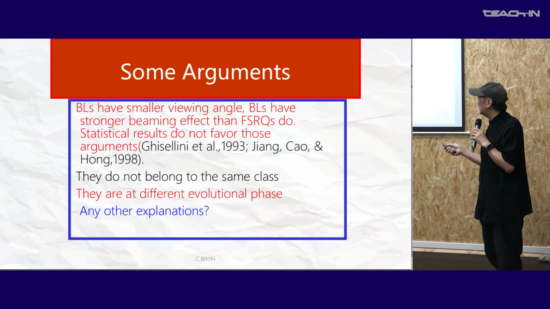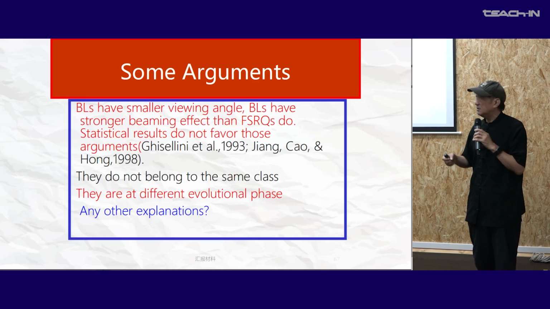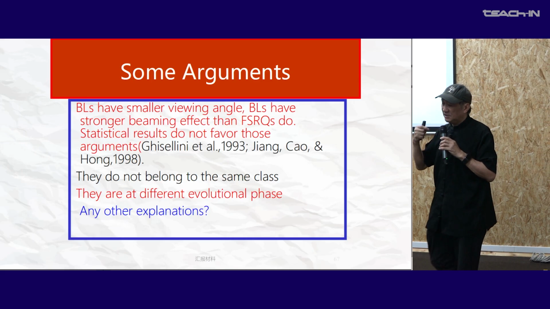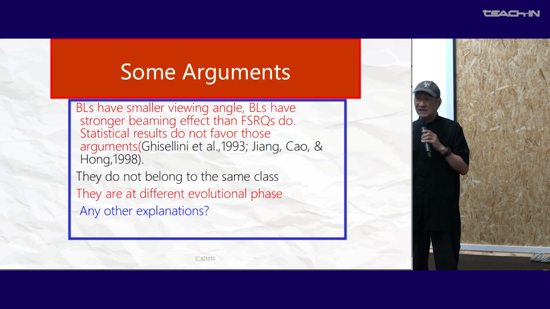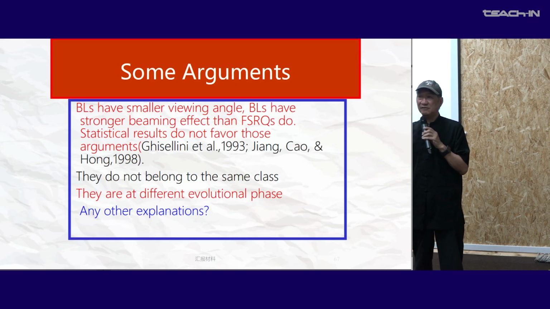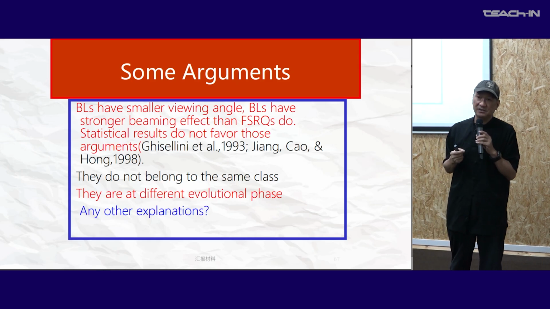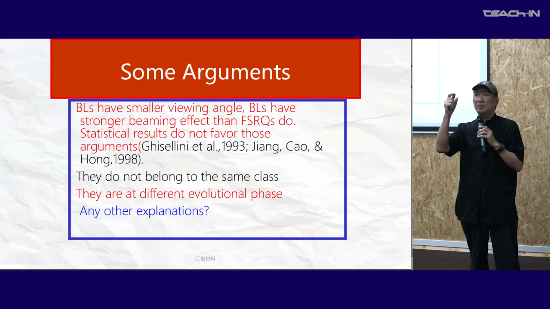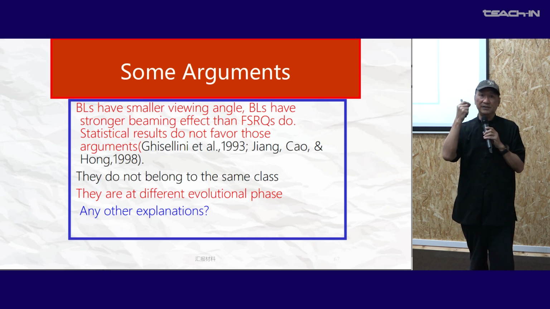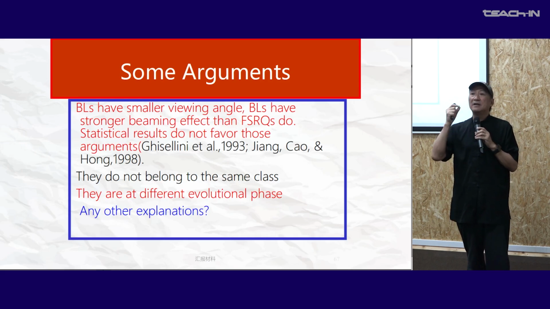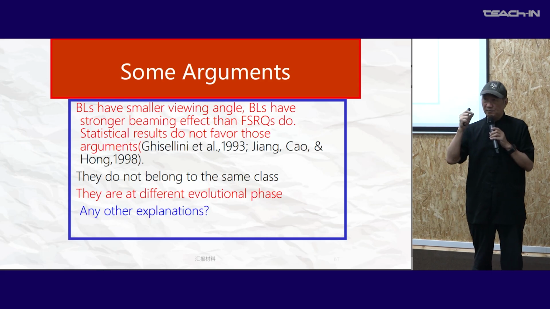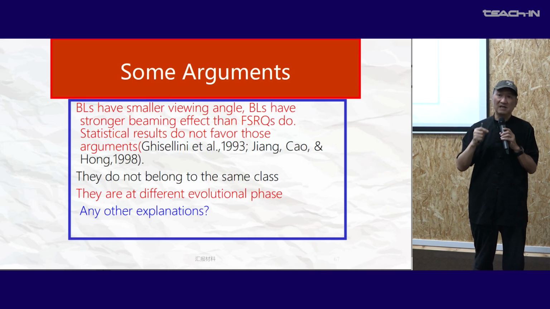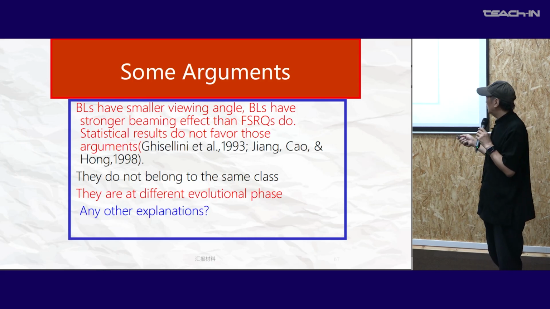But the statistical results don't favor this, because from the sample with estimated Doppler factors, we found that the FSRQ Doppler factor is larger than that of blazar objects. So this argument is not correct. Also, from the superluminal motion and the Doppler factor, we found that the viewing angle of blazar objects is larger than that of FSRQs. So this argument is not correct.